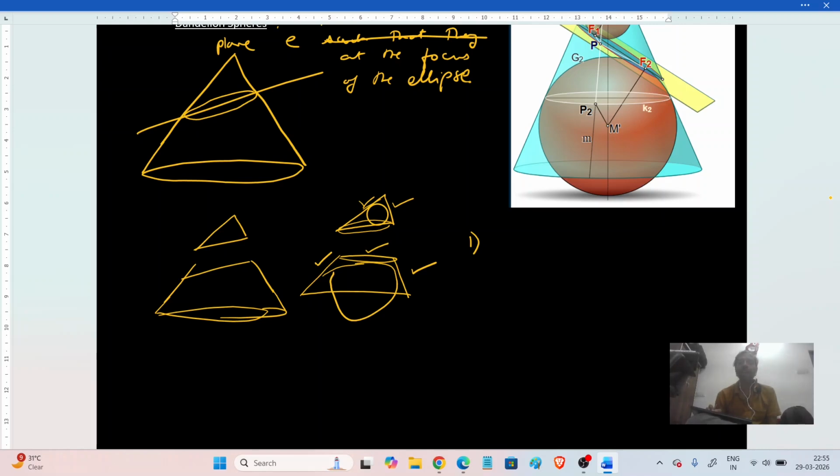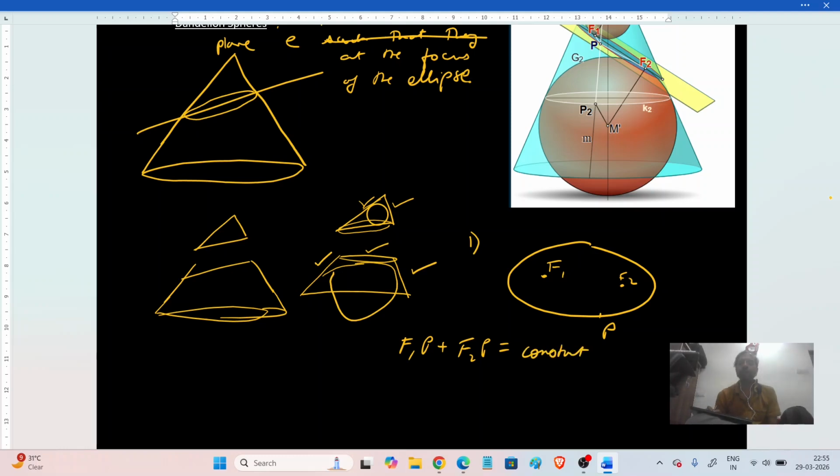The first thing is that every ellipse has two foci, and if you have a random point P, then f1P plus f2P is equal to a constant. This is something that we are going to use.